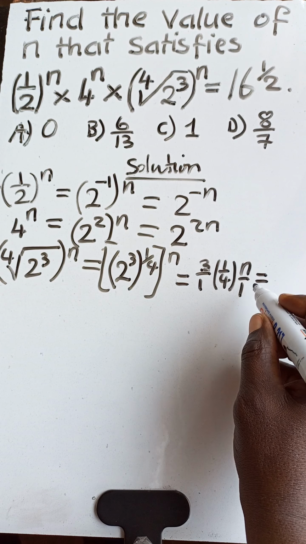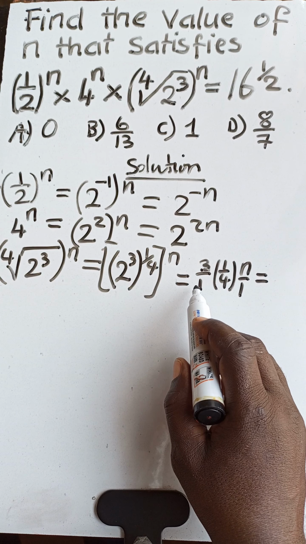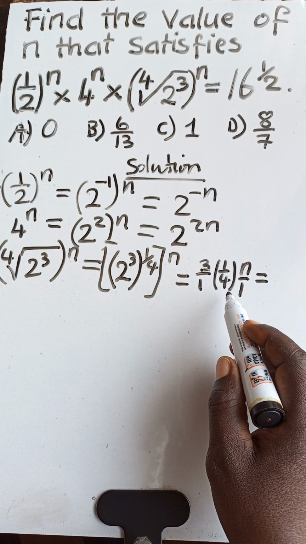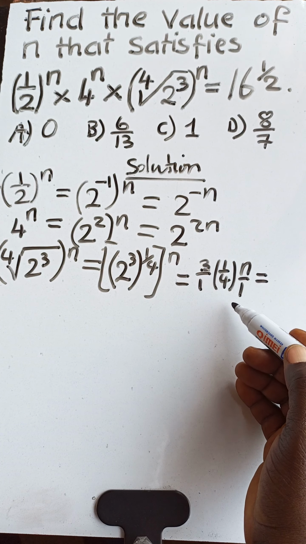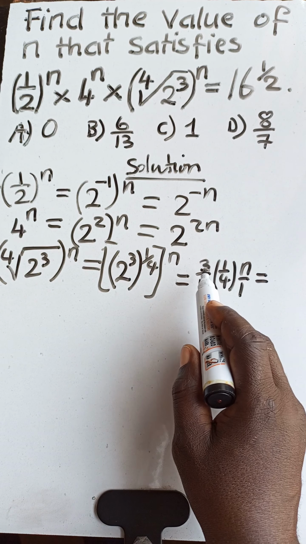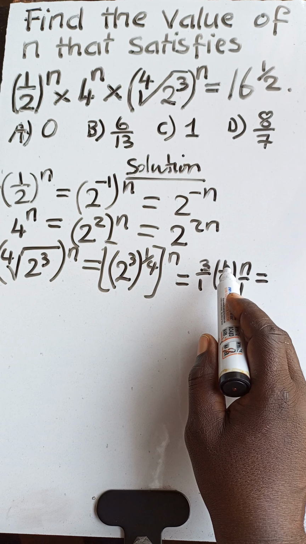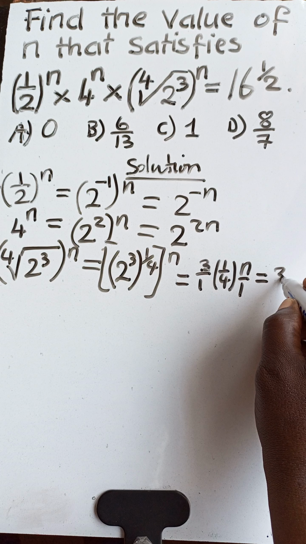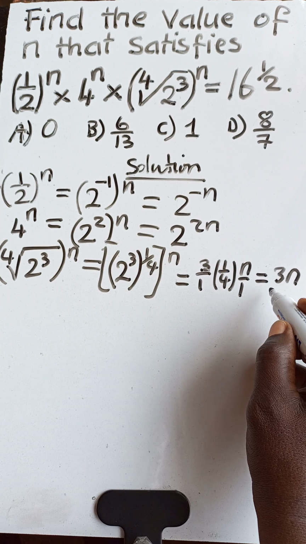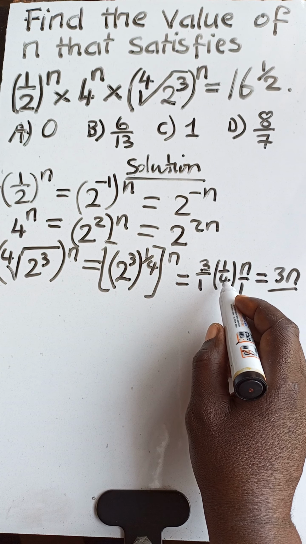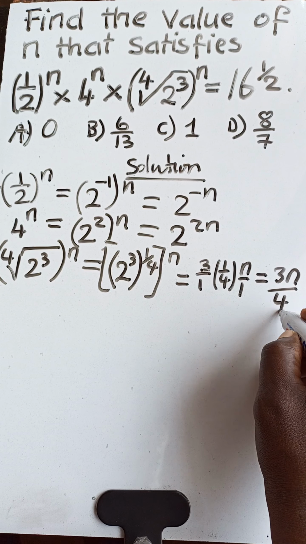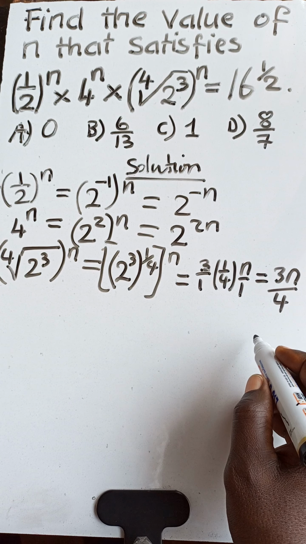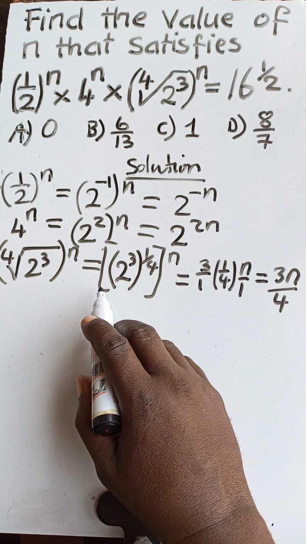Since we cannot reduce this, there are no common factors that can cancel out, we take the numerators and multiply them out together. 3 multiplied by 1, 3 multiplied by n, 3n, all over 1 multiplied by 4 multiplied by 1, which is 4. And so the base is 2.